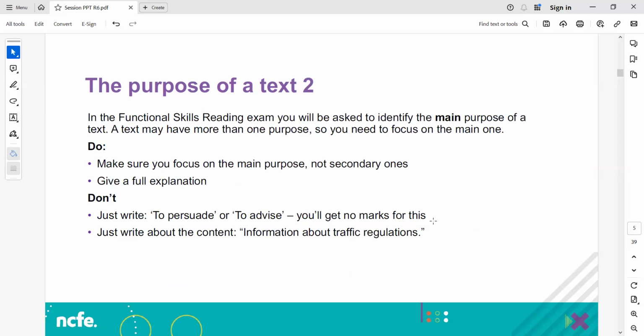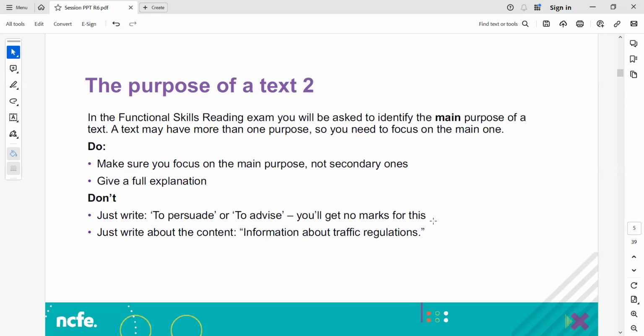So in your reading skills exam, you'll be asked to identify the main purpose of a text. It might have more than one purpose, but you need to focus on the main one. So do make sure you focus on the main purpose, not secondary ones, and give a full explanation. Don't just write to persuade or to advise.